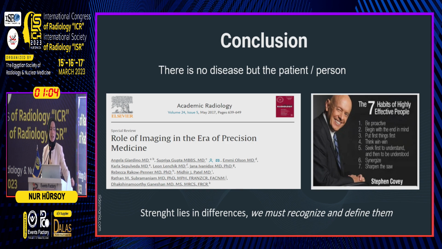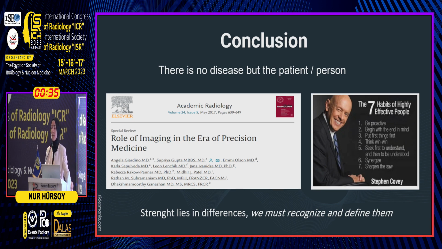And conclusion: I want to repeat that there is no disease but the patient, and the term variation is one of the proofs of this famous aphorism. If only we radiologists are careful about the presence and the clinical relevance of variations, the clinicians can have a chance for a detailed evaluation of the patient.